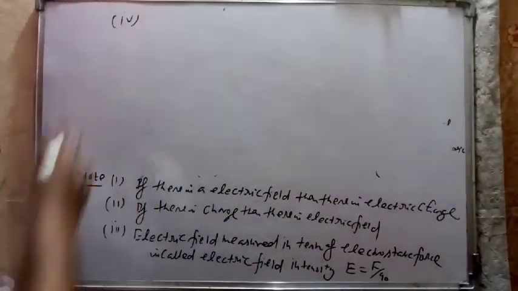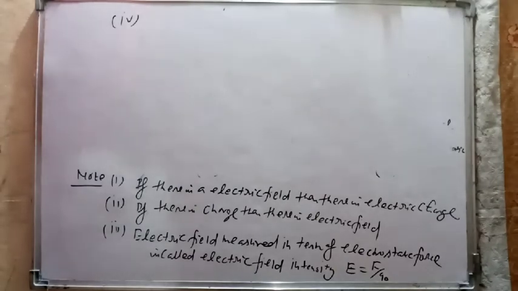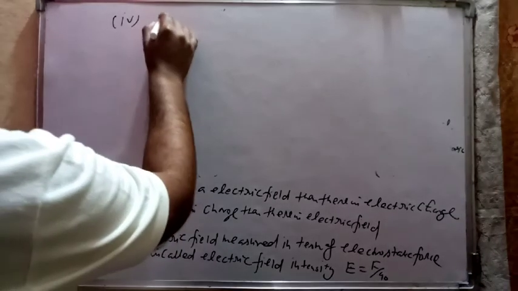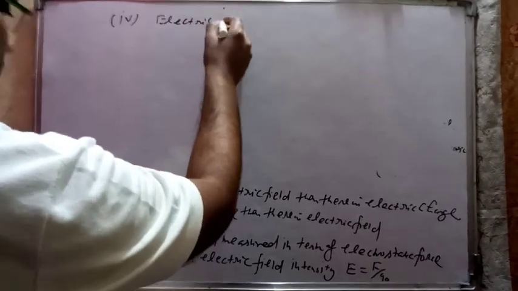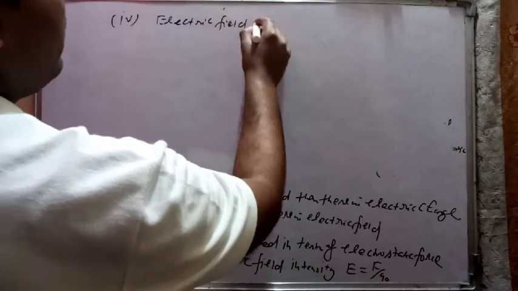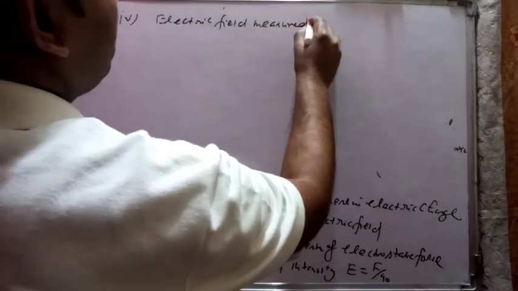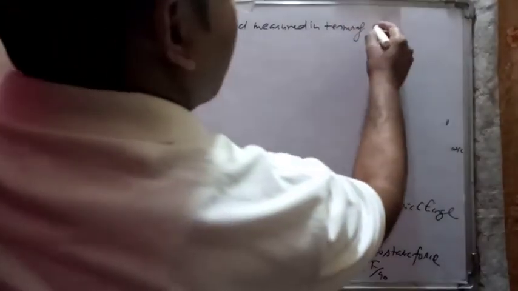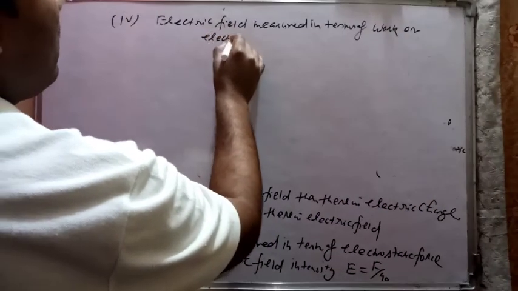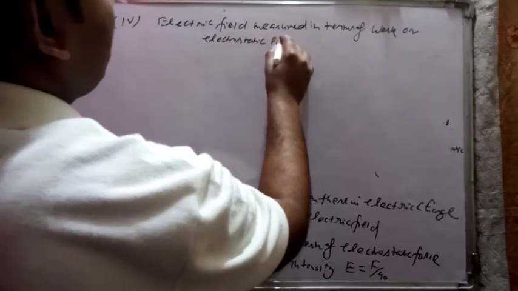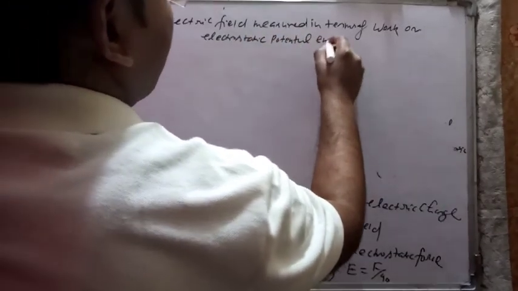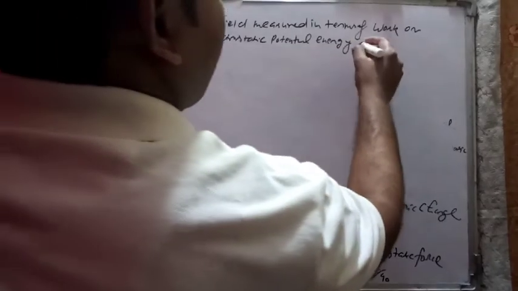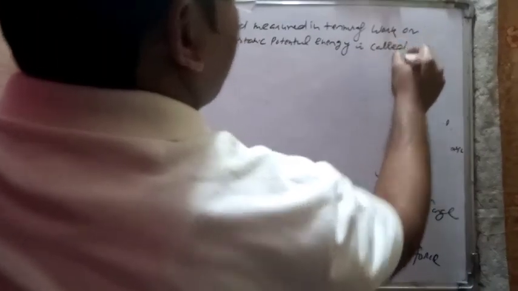And the fourth one is the electric field measured in terms of work or electrostatic potential energy, which is called electric potential.